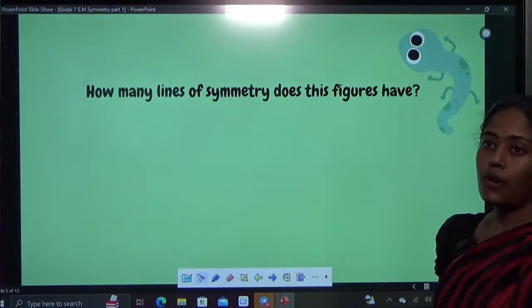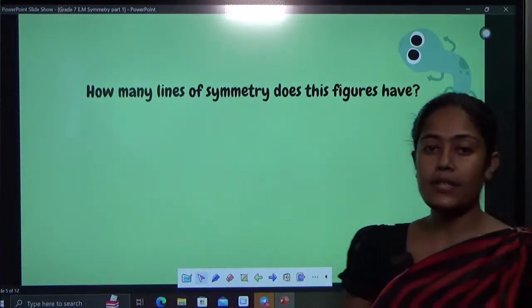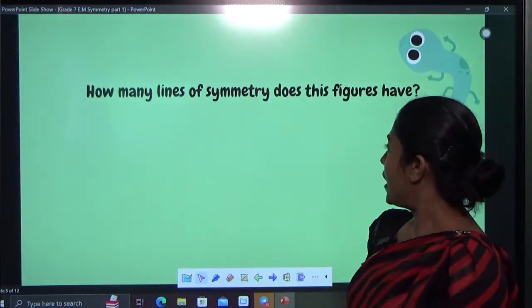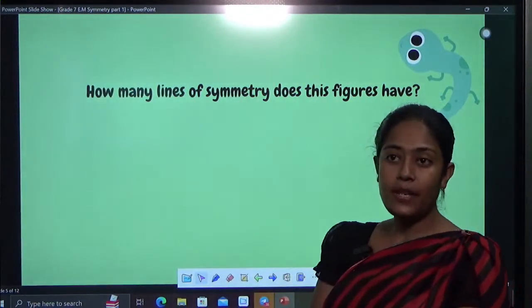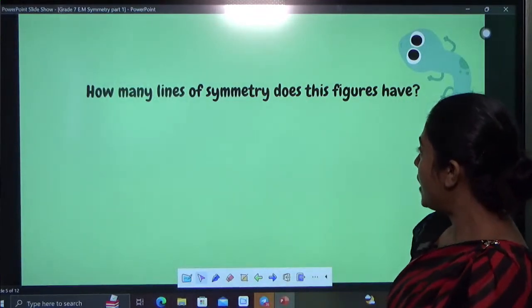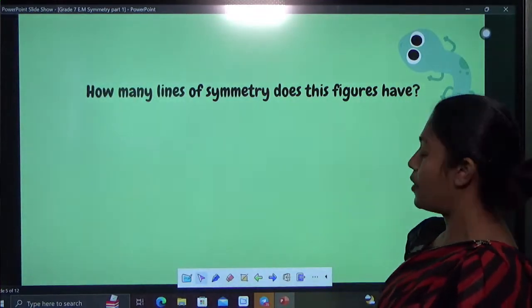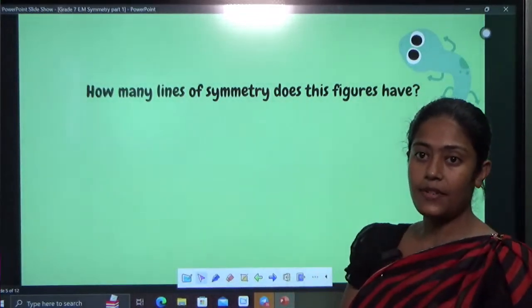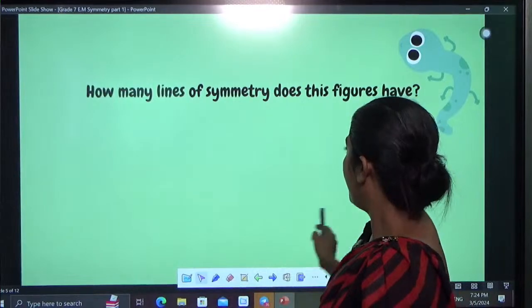Right? Now I have given some figures, right? You have to find how many symmetrical lines. How many lines of symmetry do these figures have? So you have to find out how many symmetrical lines these figures have. Right?